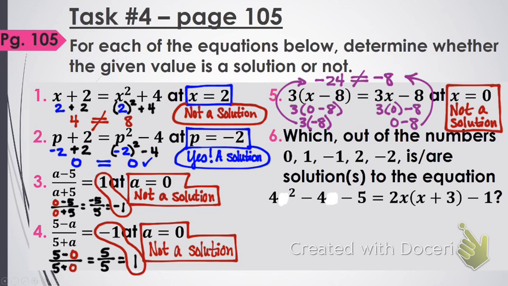If we replace all the x's with zeros, what would I get on the left-hand side? I get negative 5 when it's simplified, right? What about on the right-hand side if I replace all those x's with zeros? What do we get?